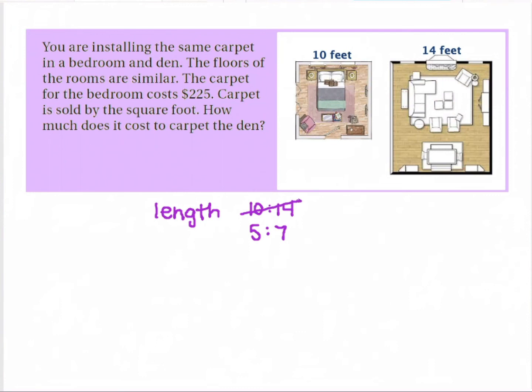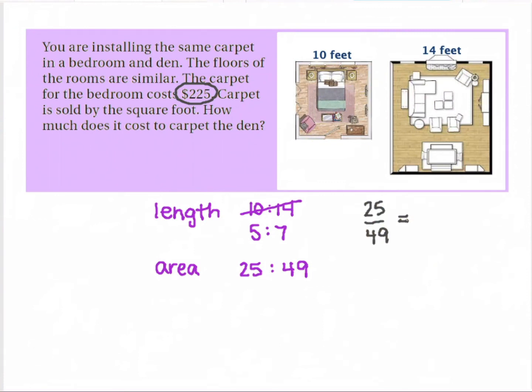And we're talking about carpet, which is area. And so let's look at what the area scale factor would be. 5 squared, 7 squared. And now those are in square feet. And we don't have to do anything too fancy just because this is talking about money rather than square feet. Same principle, it's a direct relationship. So we're just going to make a simple proportion. So that our area ratio is 25 to 49.